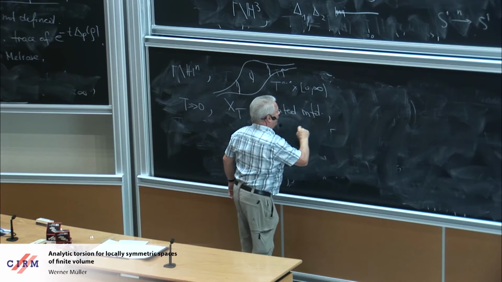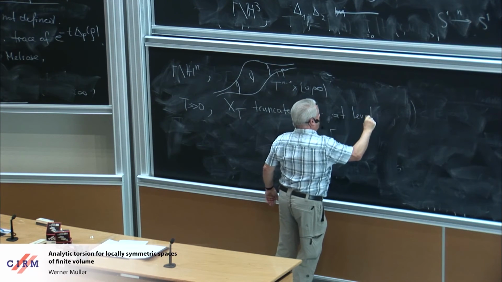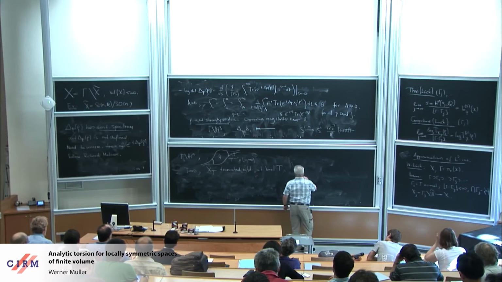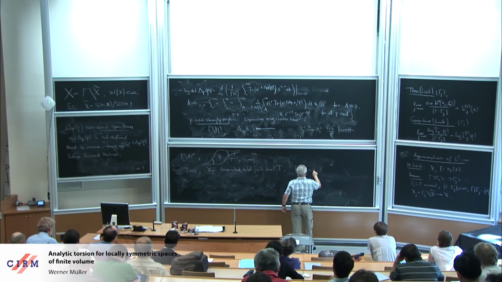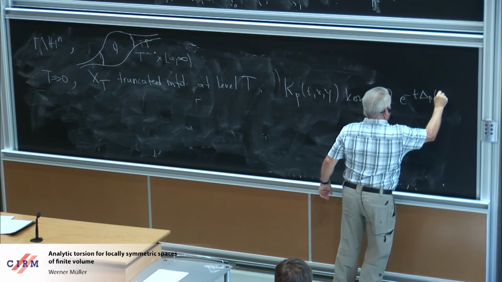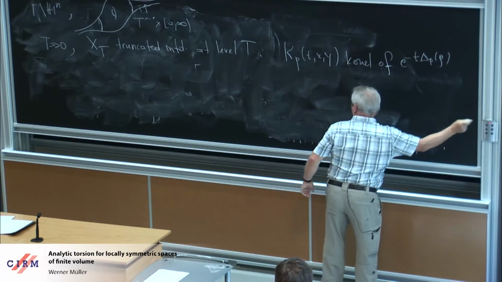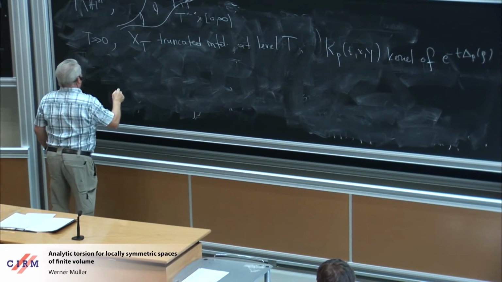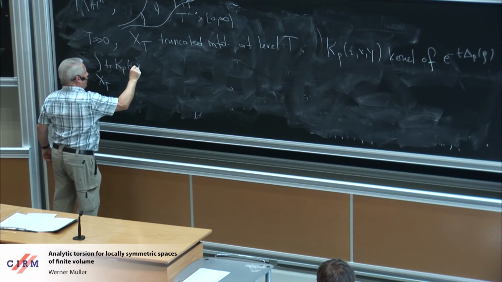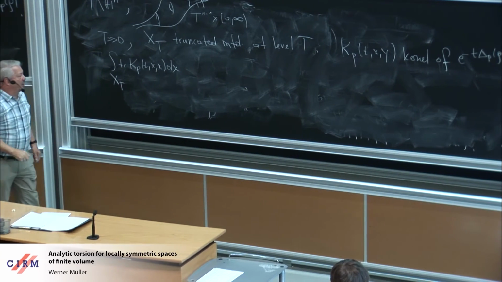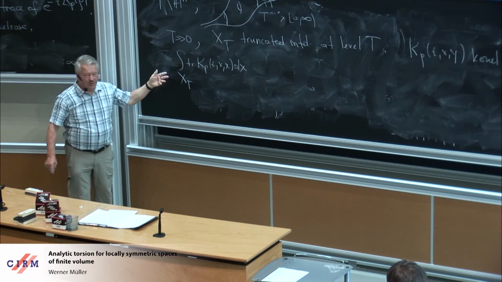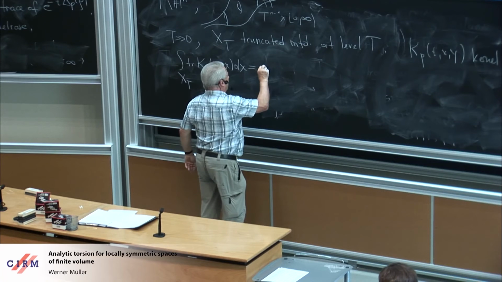So this is the truncated manifold at level T. And now you take the kernel of our heat operator, and this is a compact manifold with boundaries, so in any case we can take the pointwise trace of the kernel, integrate over the compact manifold, and then the main issue is to show that as t goes to infinity, there is a kind of asymptotic expansion.